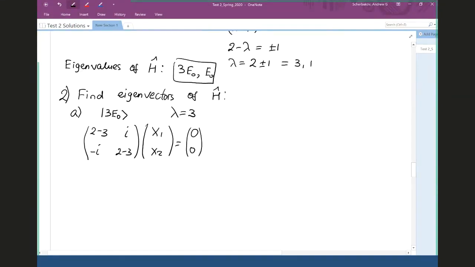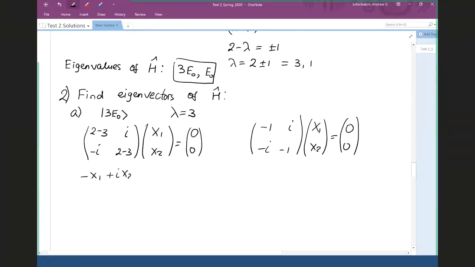Alright, so that means negative 1, i, negative 1 times x1, x2 has to be equal to 0, 0. If I multiply the first line by my vector, you get negative x1 plus i x2 equals 0.